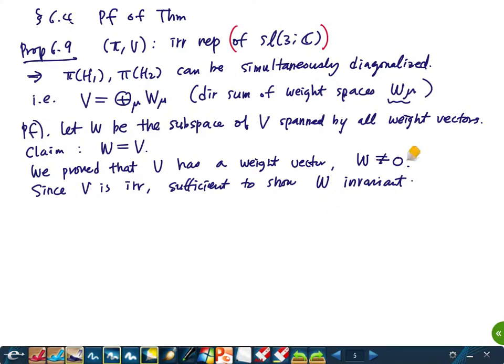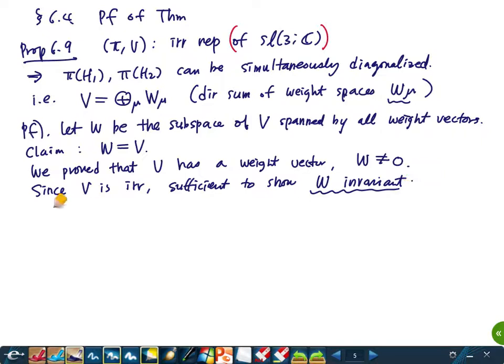Because we know that it's non-zero, it must be V. But what is the meaning of this? Invariant means if you apply every basis element of SL3 to it, then it will stay there. It will never leave this space. That's what invariant subspace means.